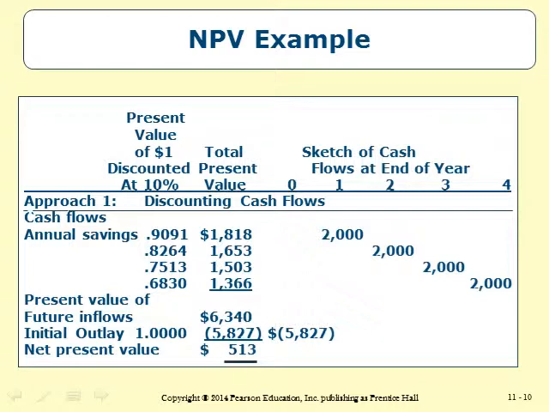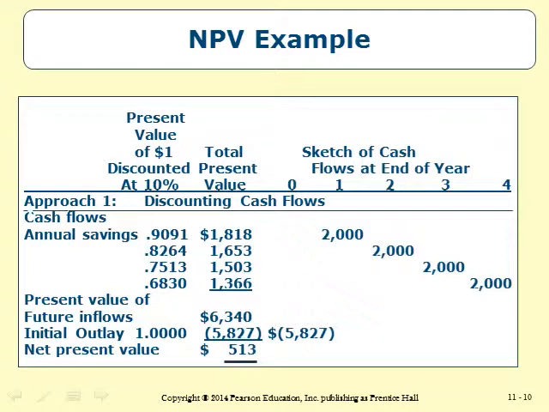Out to the right we see $2,000 at the end of year 1, again at the end of year 2, and 3, and 4, to come up with today's present value of these $2,000 in year 1 of $1,818. The flow from year 2 is worth today $1,653. The $2,000 cash inflow at the end of year 3 is worth today $1,503.